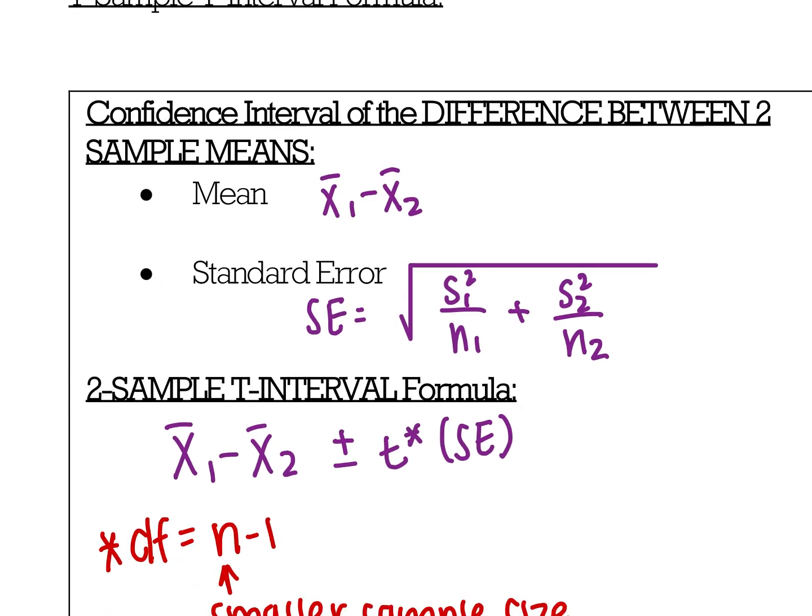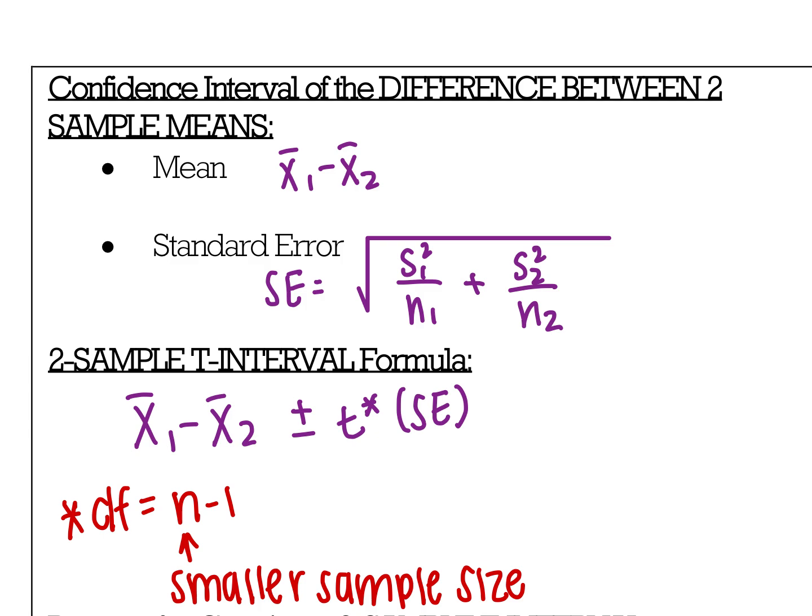So here, you're going to see our confidence interval for the difference between two means. We're going to have x1 bar minus x2 bar. So what is the difference between the two sample means? Remember, x is the sample. Our standard error is going to look similar to that distance or Pythagorean theorem. We're going to have s1 squared over n1 plus s2 squared over n2.